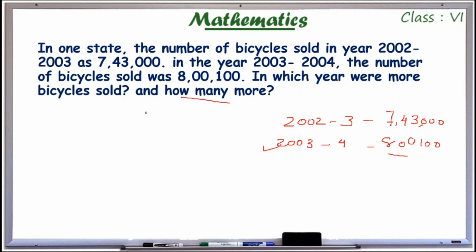How many more? We have to find the difference between 8,100,000 minus 7,43,000.